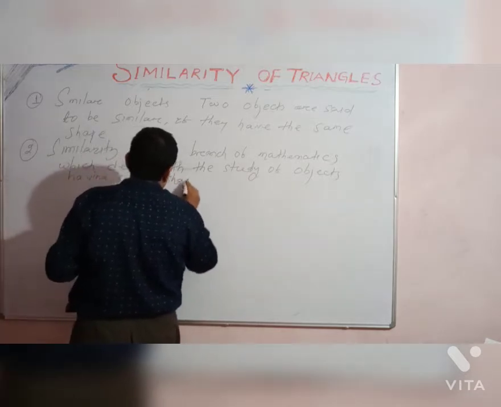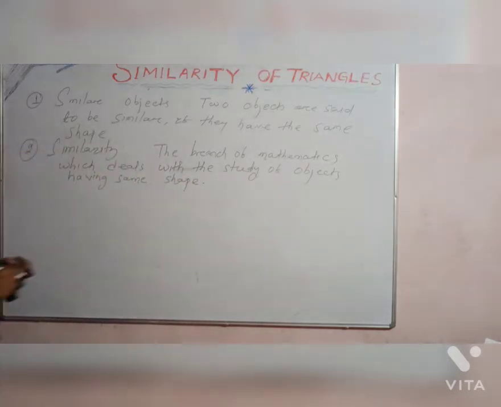Then two objects can be similar. So it is the branch of mathematics which deals with the study of objects having the same shape.